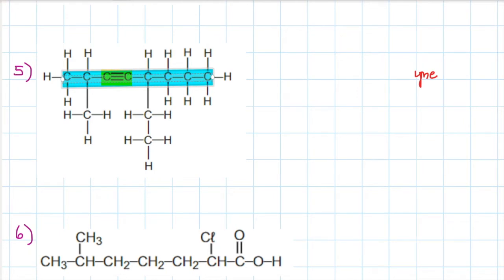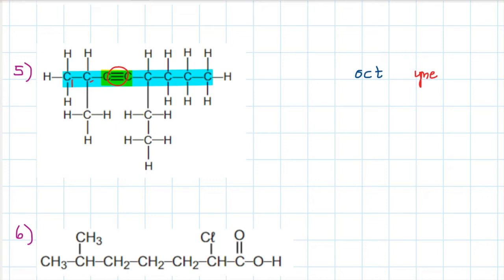And we can see when we count that this longest continuous chain consists of 8 carbon atoms. So we're going to use the term oct to refer to 8. But we must tell the person reading where this triple bond is, where the functional group is. And as mentioned, the functional group must always obtain the lowest number possible.